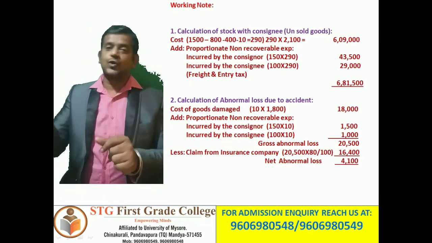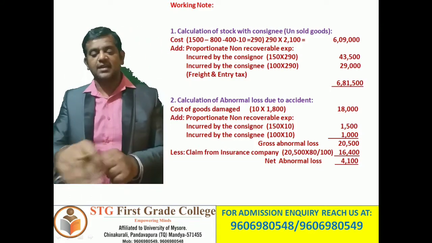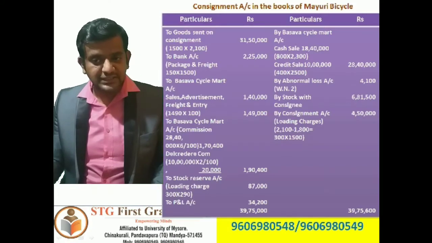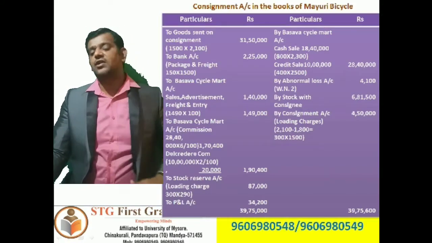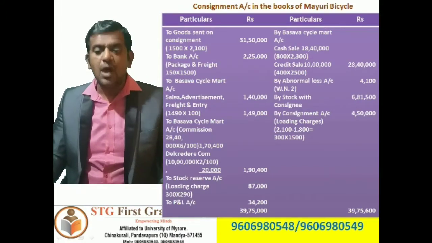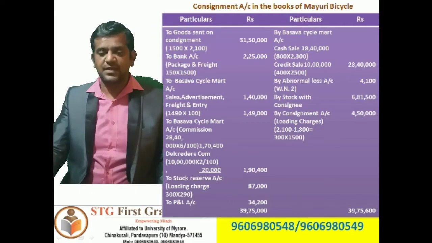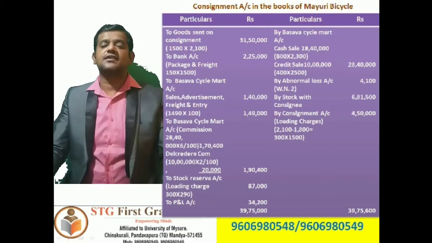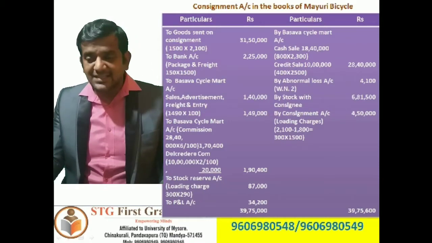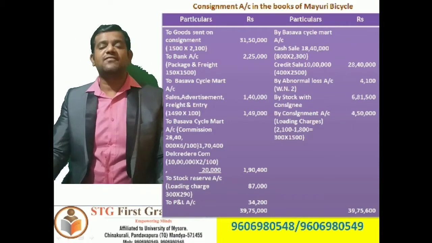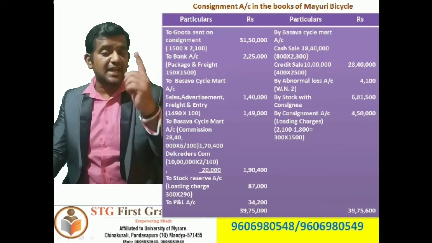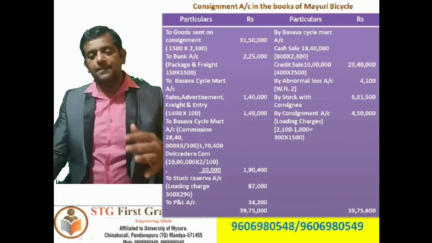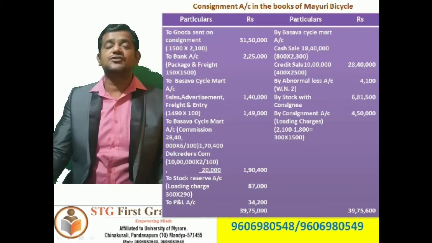So let us go back to the consignment account again. Now go to the credit side and write by abnormal loss account, working note number 2, 4,100 rupees. Then stock with the consignee, that is working note number 1, 6,81,500 rupees. Then by consignment account, that is loading charges.